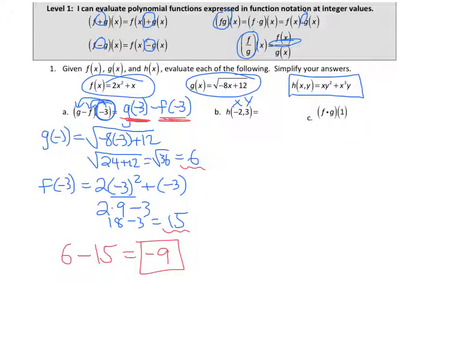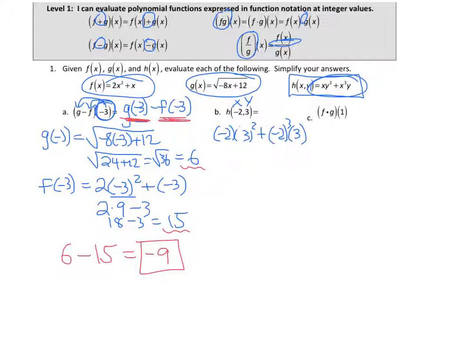So I replace all the x's in this function with -2, so we get -2 times, for y I plug in 3, and then that's squared, plus, and then for x I plug in -2 to the third, times y I plug in 3.